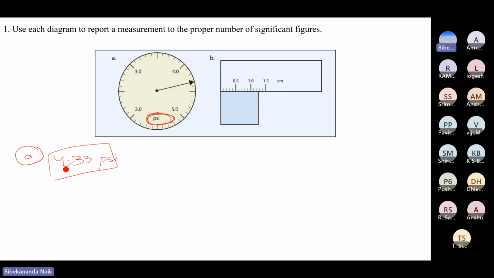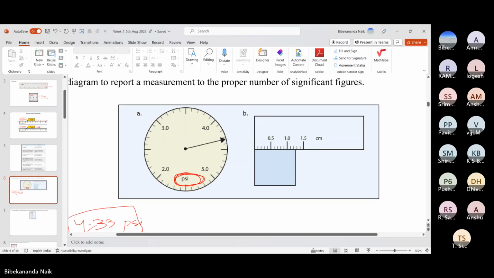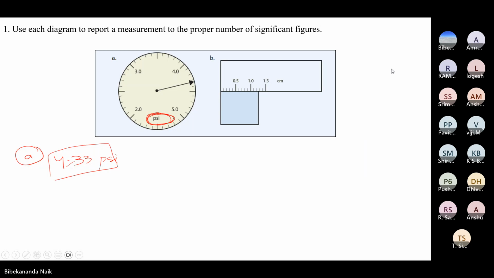Here all three digits have significance, but the last digit, this 3, we can't measure with accuracy, so it is the doubtful digit.